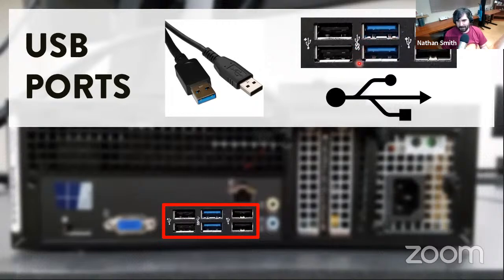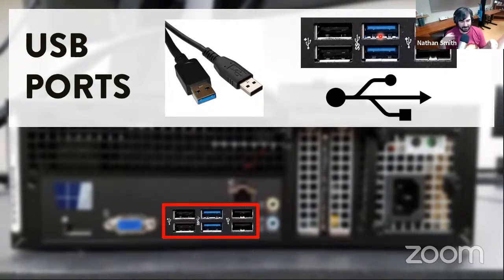And what these actually are, what you'll usually hear them called by people who are tech savvy, is USB 3 or USB 3.0 ports. USB 3 ports allow your devices to send and receive a lot of information back and forth very, very quickly.